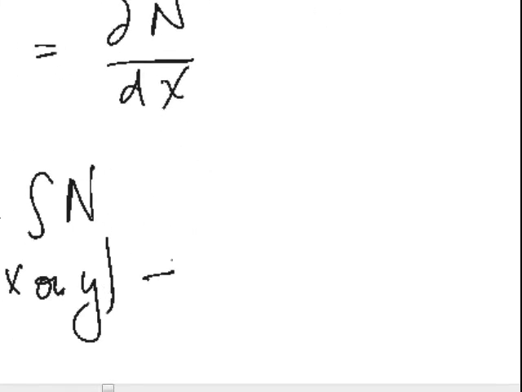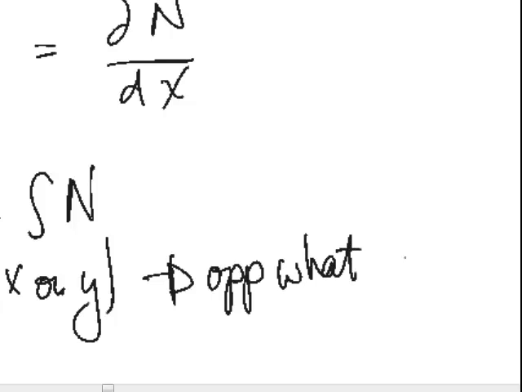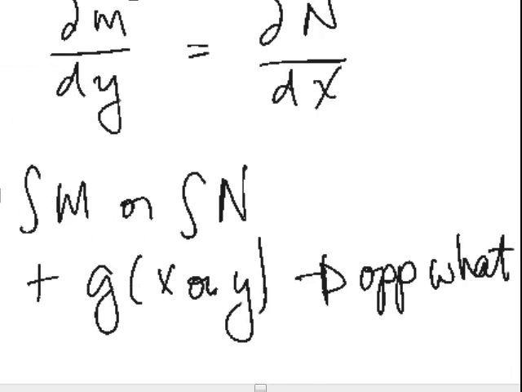And it's always the opposite of what you integrated. So if you integrated with respect to x, you're going to do plus g of y. And if you integrated with respect to y, you're going to do plus g of x.